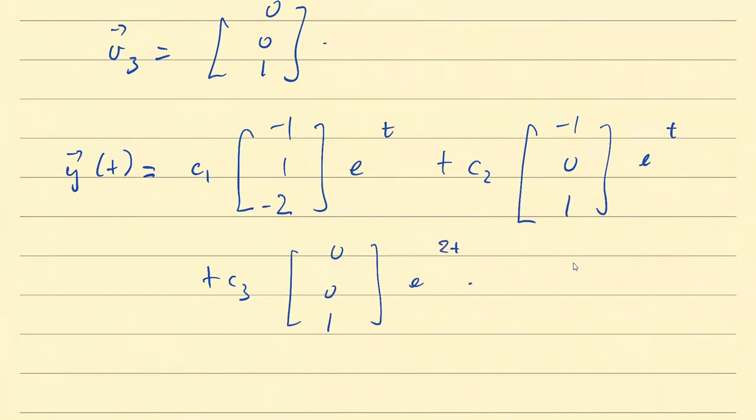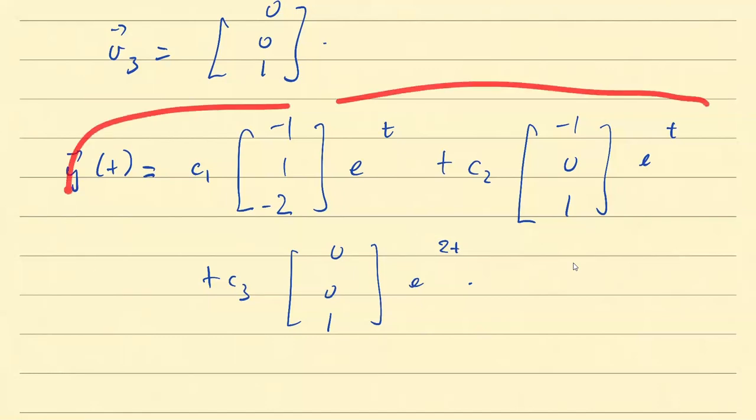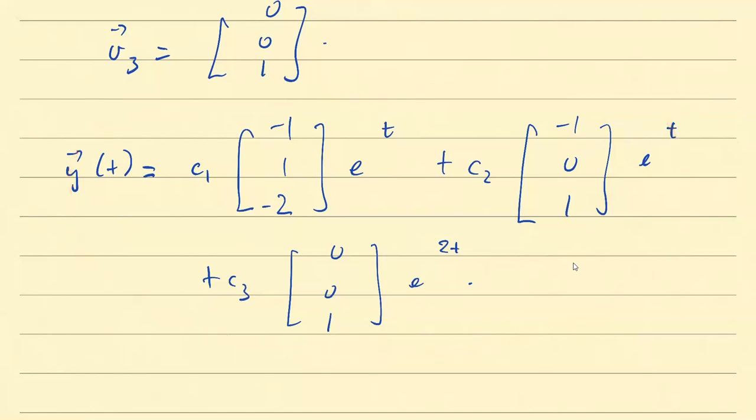Okay, so that's your solution here, as before. So even though you have repeated eigenvalues, the situation is very normal. You just do whatever you're supposed to from the structure of the solution. Any question here?